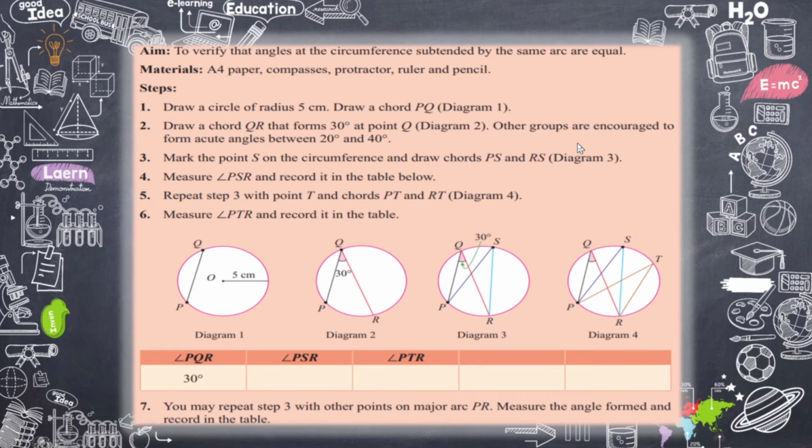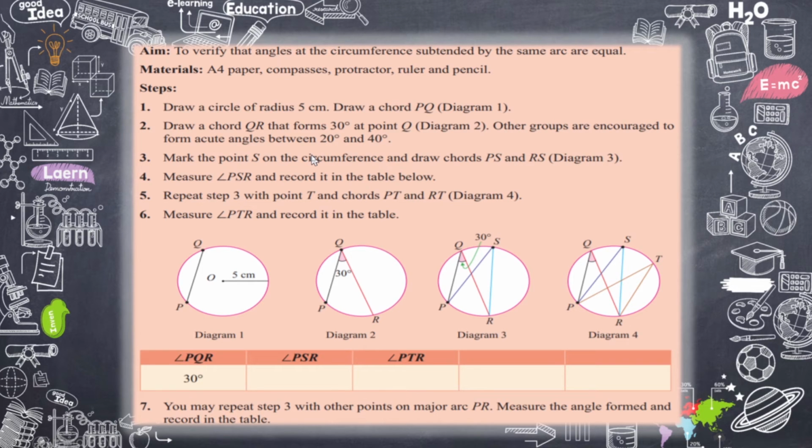Then other groups are encouraged to form acute angles between 20 degrees and 40 degrees, which means that this activity are group activity. So I want each group have 3 members. Okay, so we move to step 3.